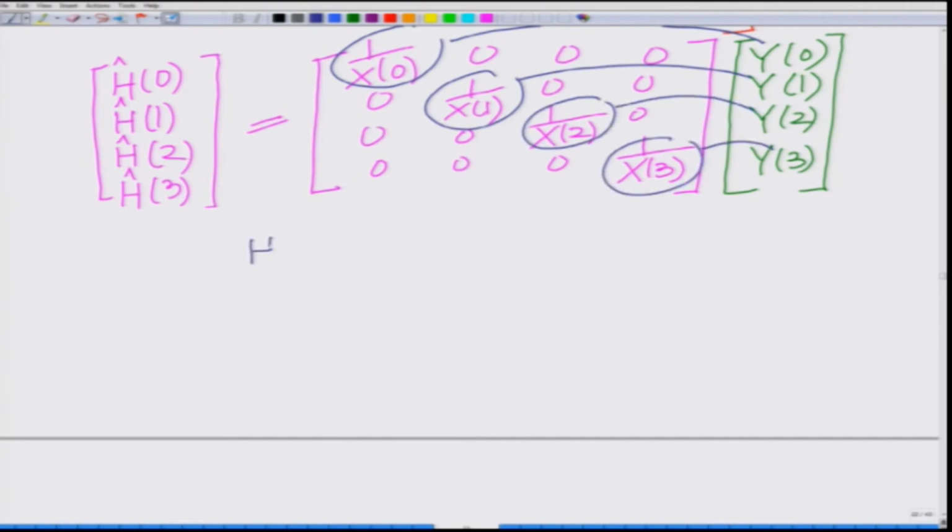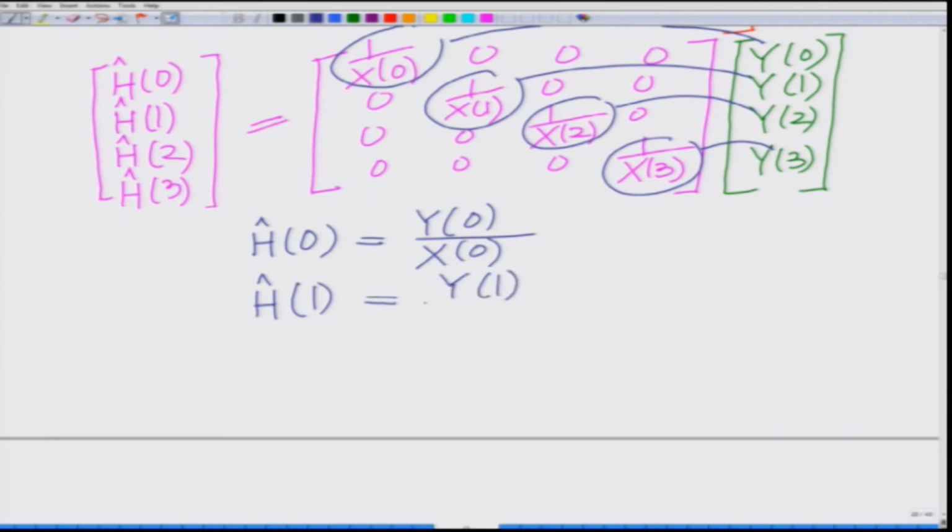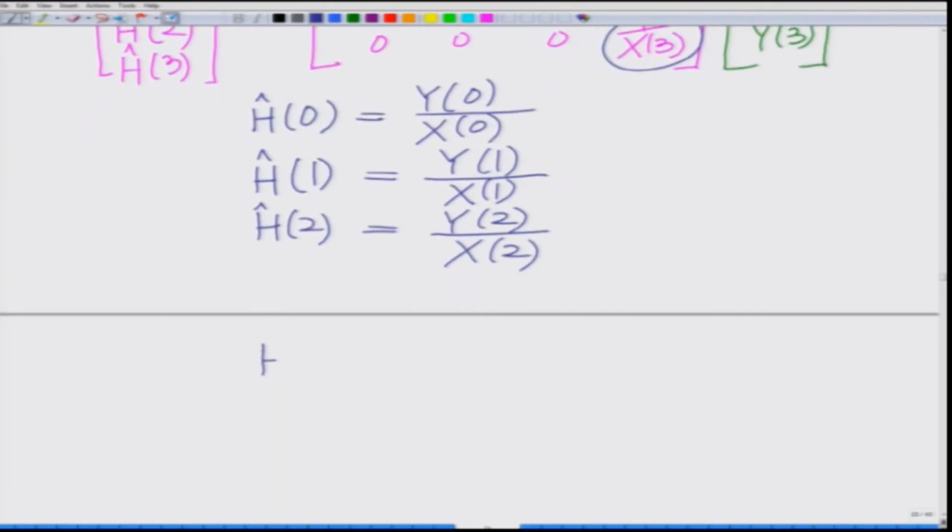So, therefore, the channel estimates are very simple. It is simply h hat 0 equals y 0 divided by x 0, h hat 1 is basically y 1 divided by x 1, h hat 2 equals y 2 divided by x 2, and finally, h hat 3 equals y 3 divided by x 3.